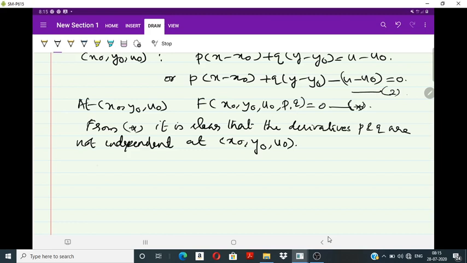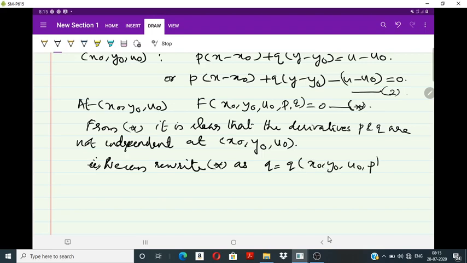Or we can rewrite the equation star as q equal to some function q of x naught, y naught, u naught and p. That means q can be written as a function of p, where x naught, y naught, u naught are constants.